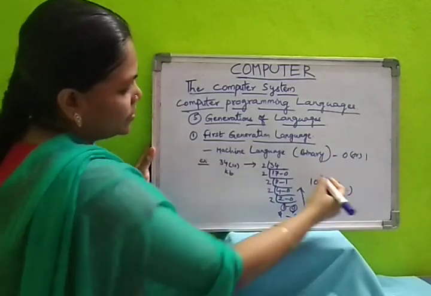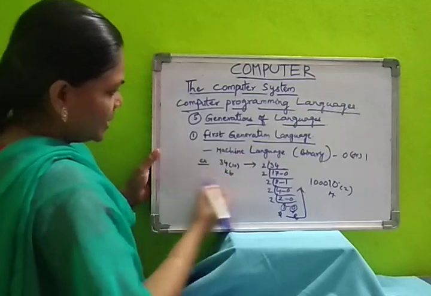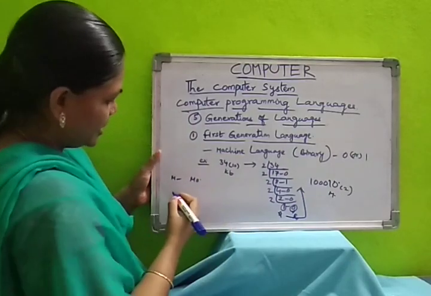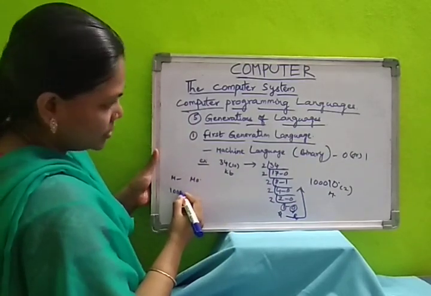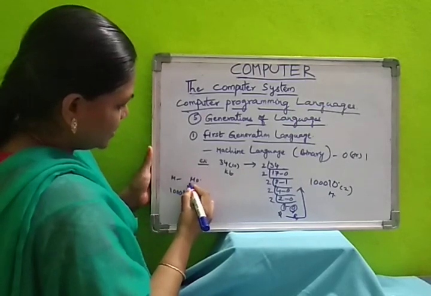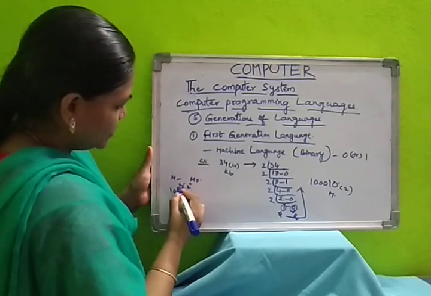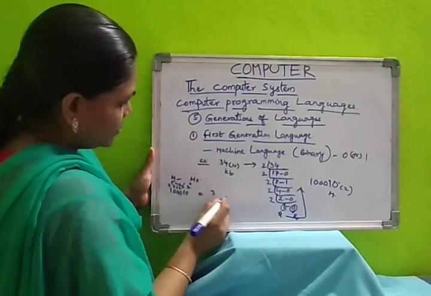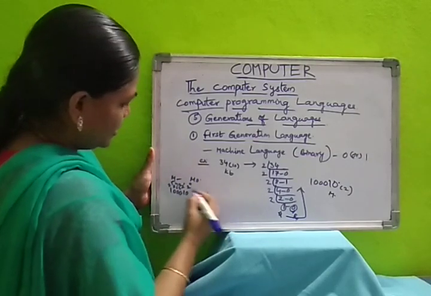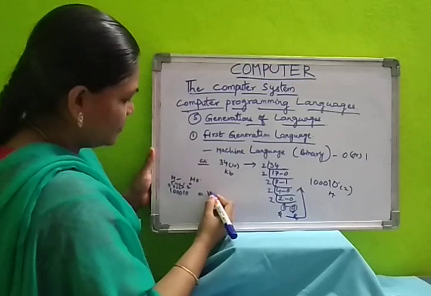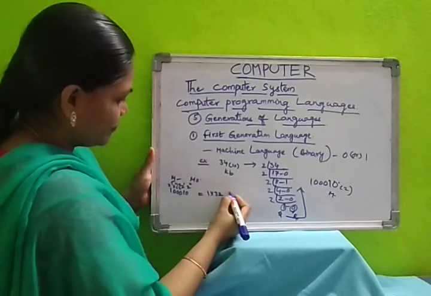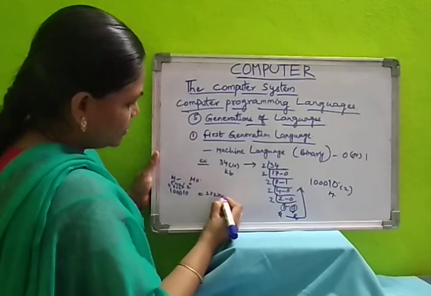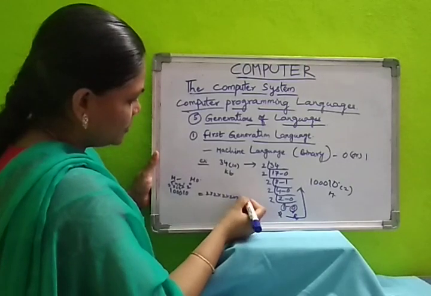This comes from the keyboard and is stored in memory. Again from memory to monitor, how is it converted? This 100010 we convert using 2 power 0, 2 power 1, 2 square, 2 cube, 2 to the power of 4, 2 to the power of 5, like that. 2 to the power of 5 means multiplying 2 five times, which is 32. So 1 into 32, plus 0 into 16, plus 0 into 8, plus 0 into 4, plus 1 into 2, plus 0 into 1.